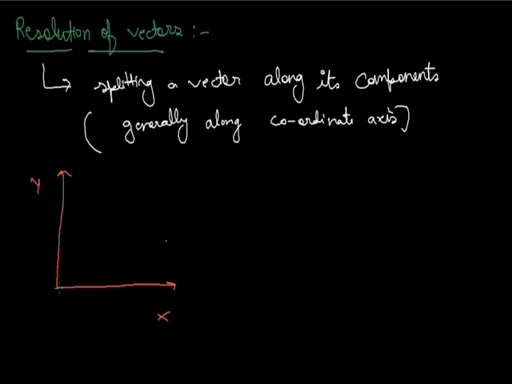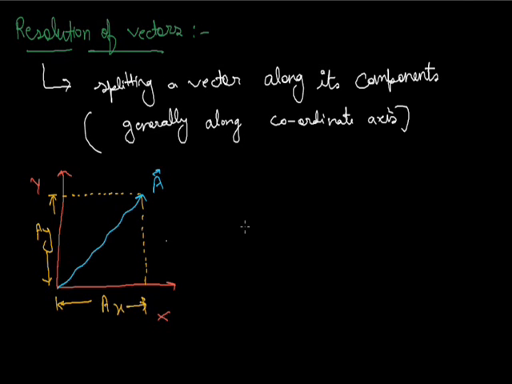Now let us consider this vector A. This vector A is formed with the help of the x component and y component, defined by Ax and Ay, and this is Ax. This vector A becomes with the help of these components Ax and Ay.